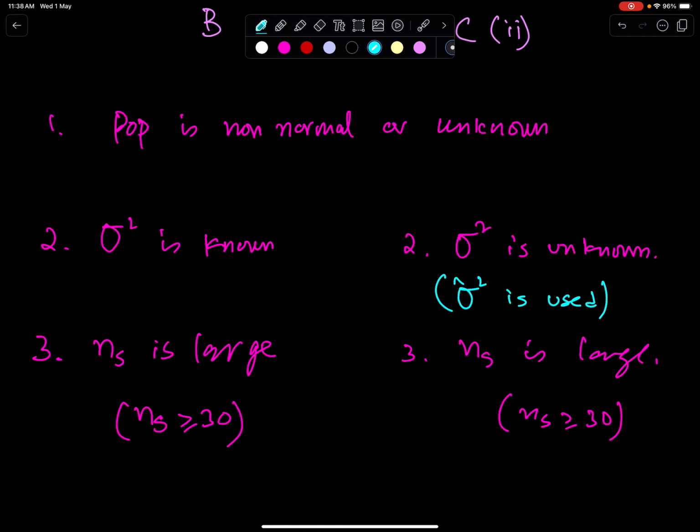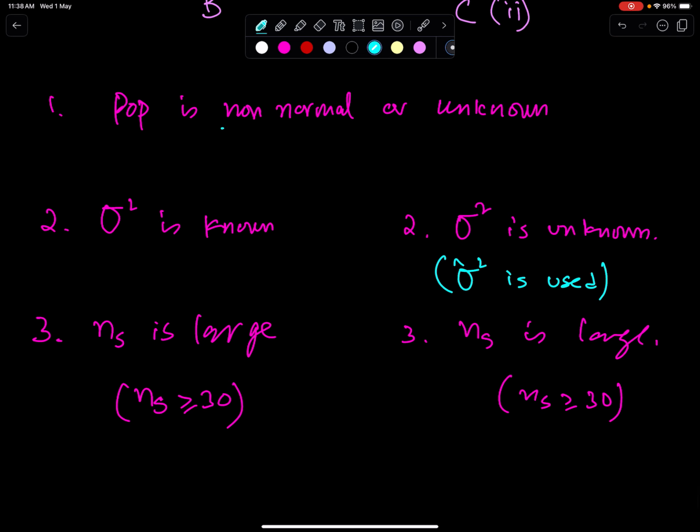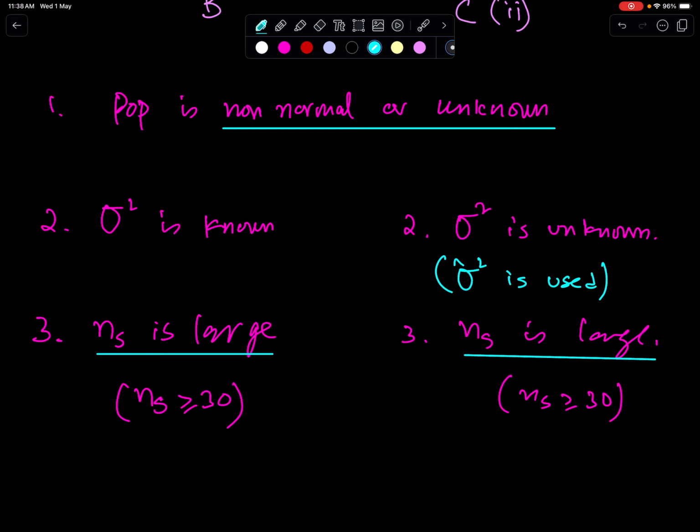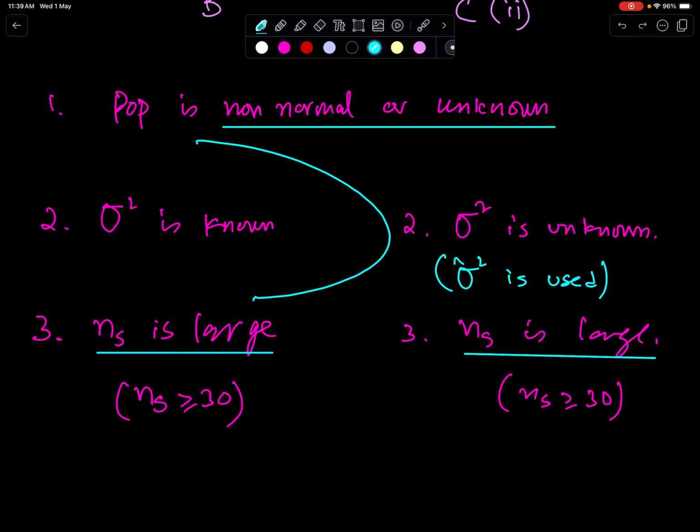Now, these two things, population is non-normal or unknown, point 1, and point 3, n is large, will help you to write down the distribution of X bar. Now, because of these two informations, we can use CLT here, and we have to use CLT here.